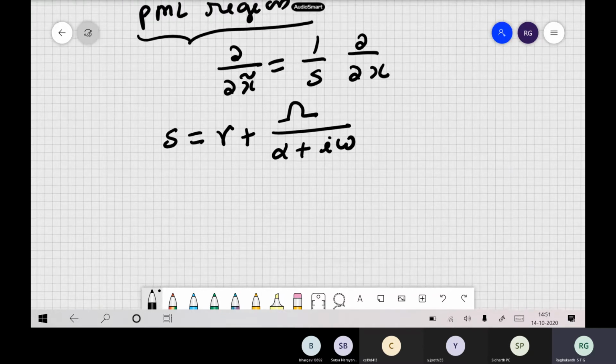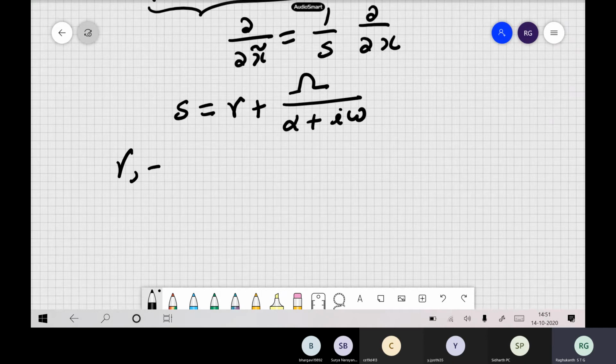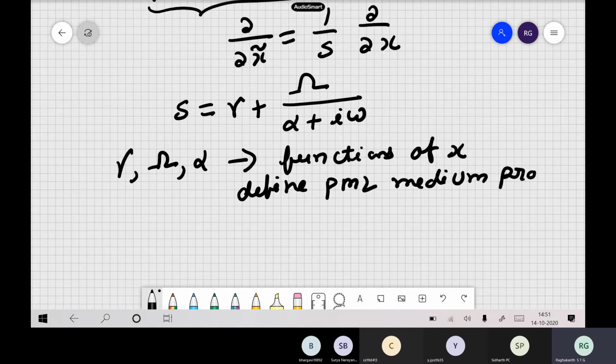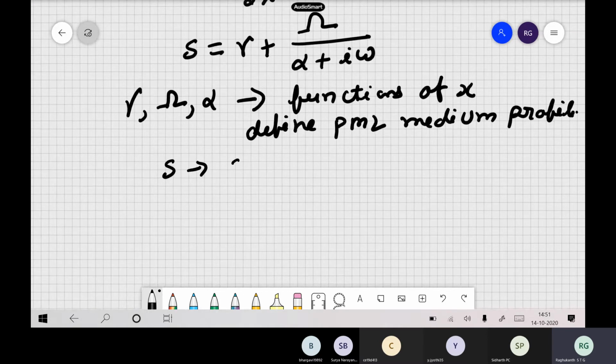These gamma and alpha are all functions of x, and they define the PML profile. So this PML medium profile is denoted by these three variables. This s is sometimes known in PML as the stretching factor.